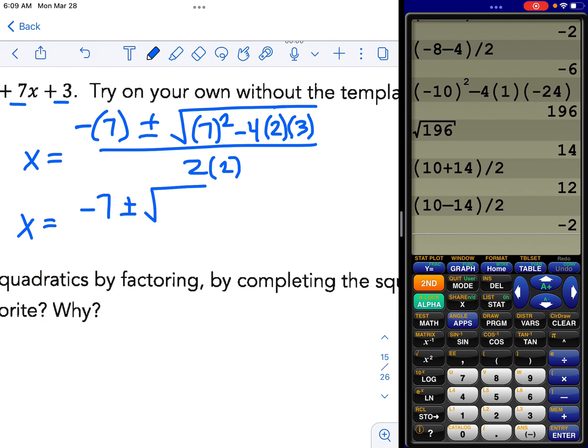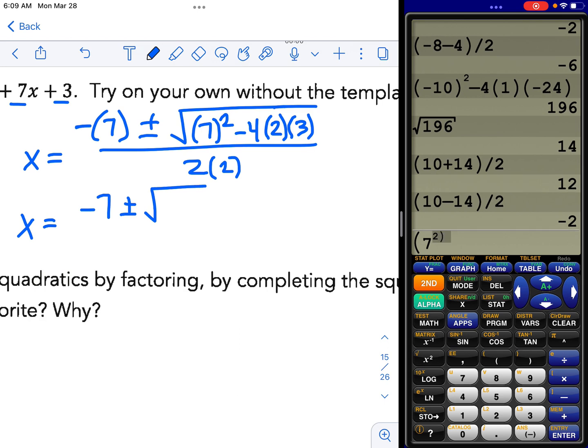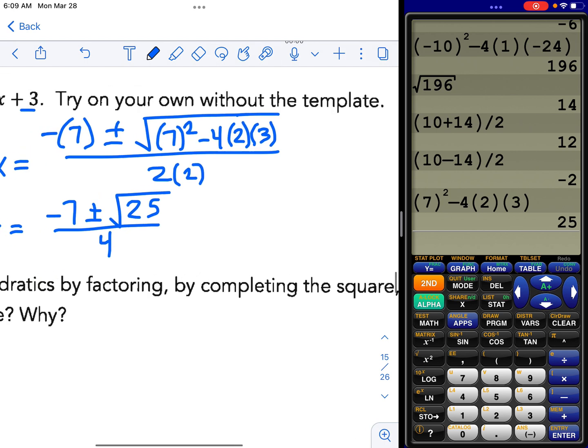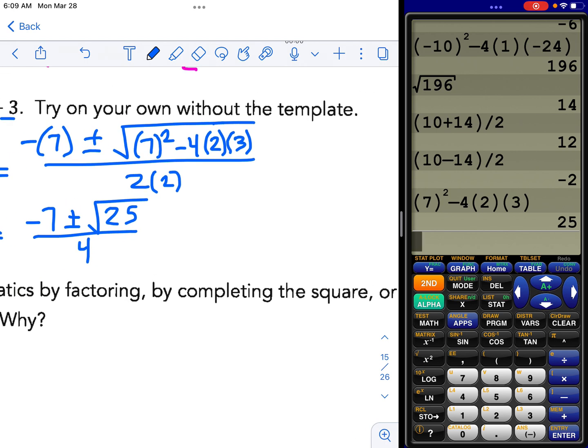So we've got 7 squared, there we go, minus 4 times A, which is 2, times C, which is 3, there we go, and that is 25. All over 2 times A, I'm going to do that in my head, 2 times 2 is 4. So my answers then are x equals minus 7 plus or minus the square root of 25.